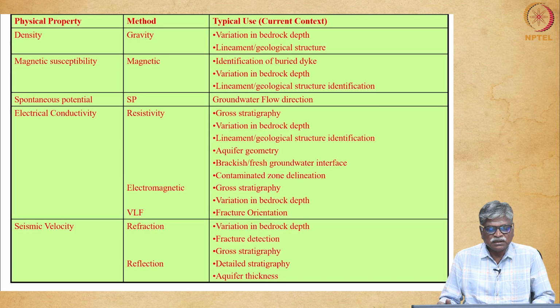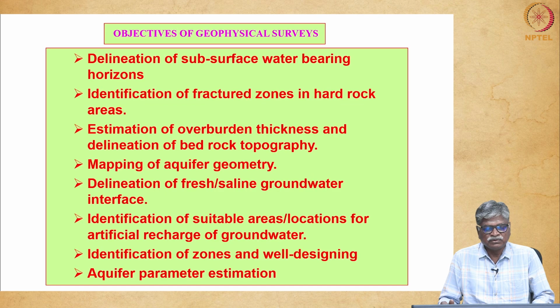These are the geophysical methods: gravity method, magnetic method, SP method, electromagnetic method, VLF, and seismic methods, that is the refraction method and the reflection method. The objectives of geophysical surveys are the delineation of subsurface water bearing zones, identification of fractures in hard rock areas, estimation of overburden thickness and delineation of bedrock topography, mapping of aquifer geometry, and delineation of the freshwater and saline water interface.